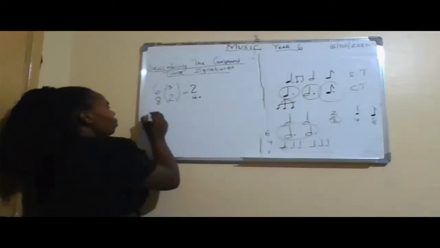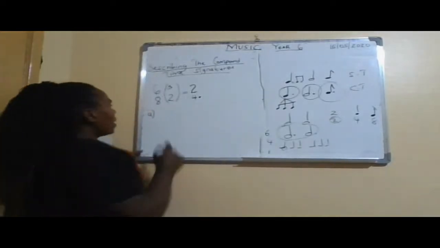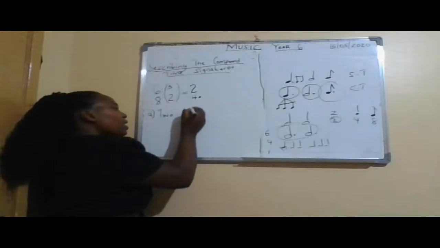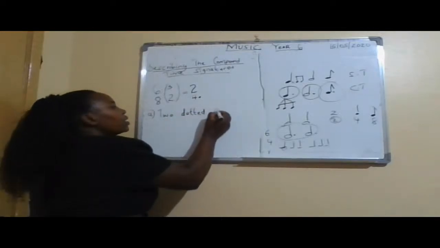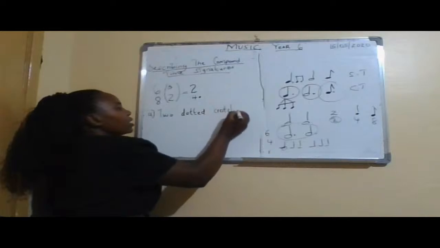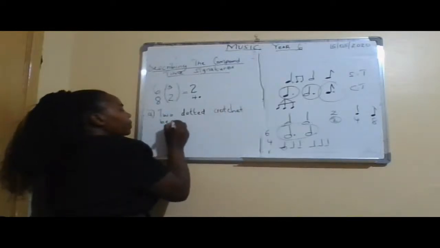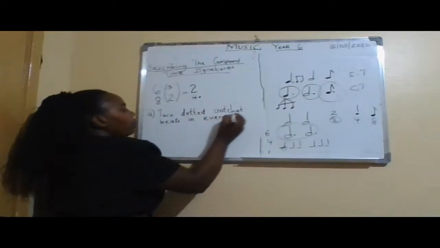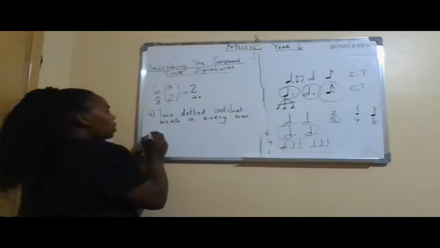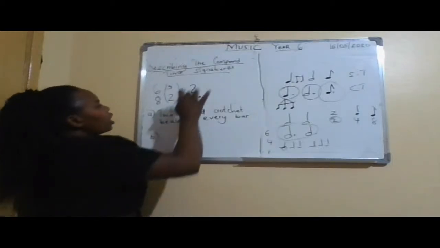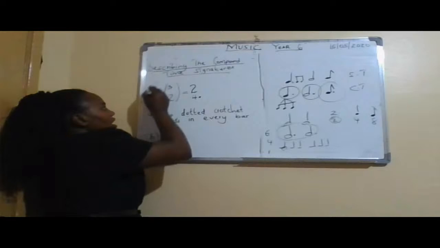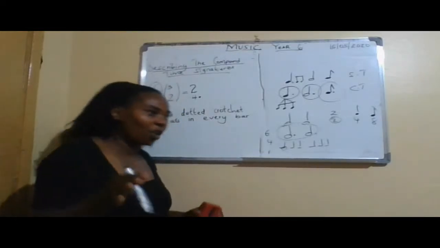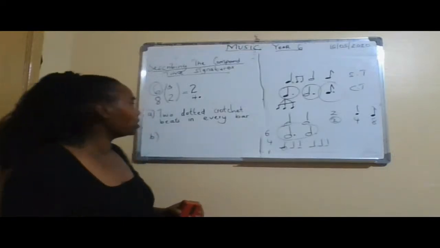So the first way of describing this one is 2 dotted crochet bits in every bar. So the second way is compound duple. Remember we say that if the top number is not 2 or 3 or 4, then that time is compound time.